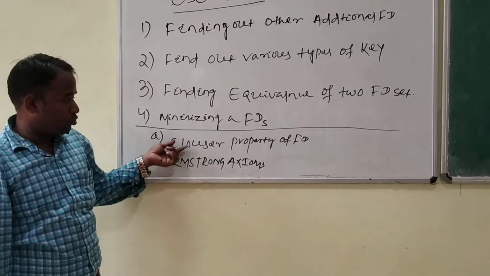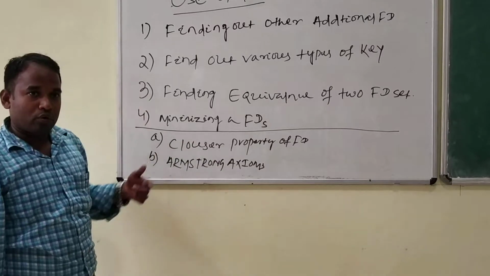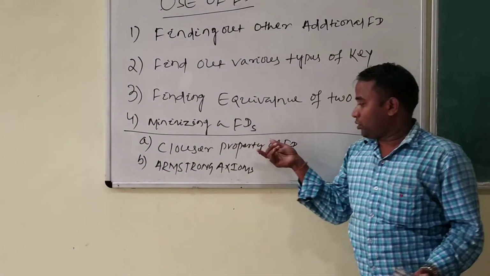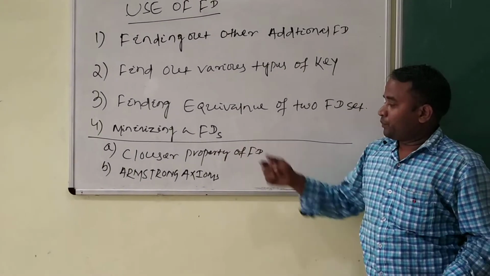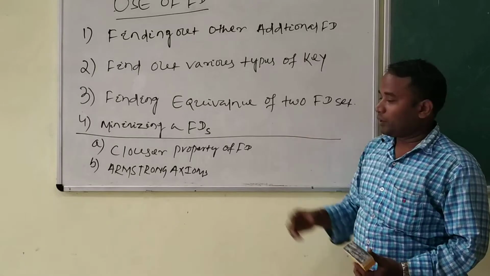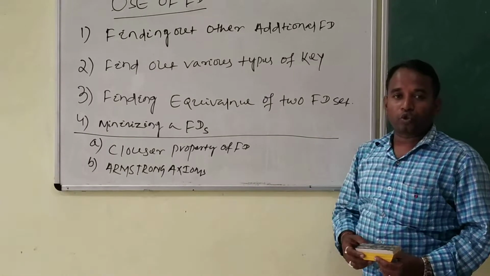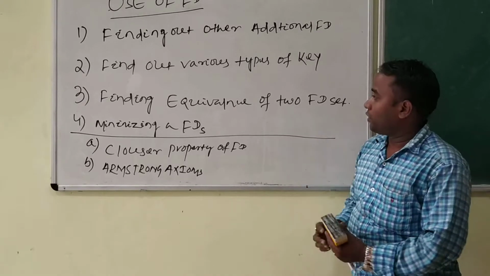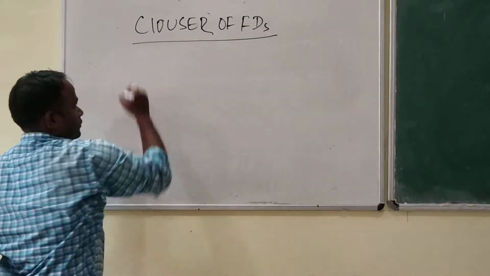So it's better to use the closure property. Throughout our course, we will always apply the closure property to achieve all these. We'll talk about how to find the closure of a functional dependency in the next session. So next we will talk about the closure of functional dependency.